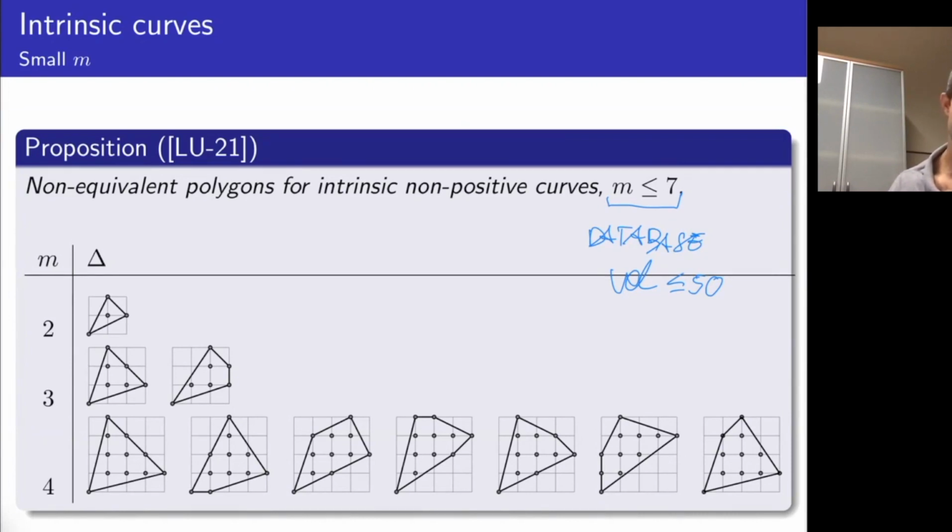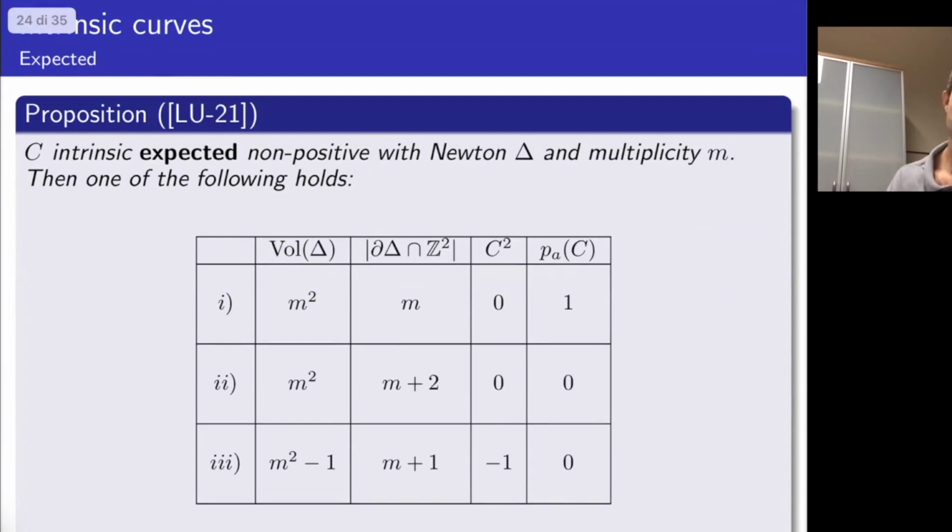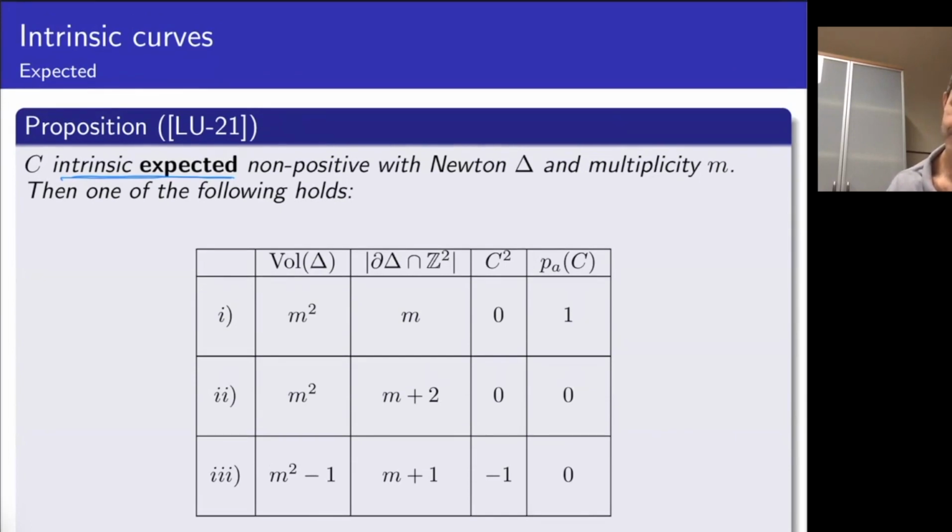The second is that if we just consider expected non-positive curves, then we have just 3 possibilities, which means that the self-intersection, for instance, can only be 0 or minus 1. We do not have expected minus 2 intrinsic curves, for instance. And the proof is quite easy, because we just have to put together 3 inequalities.